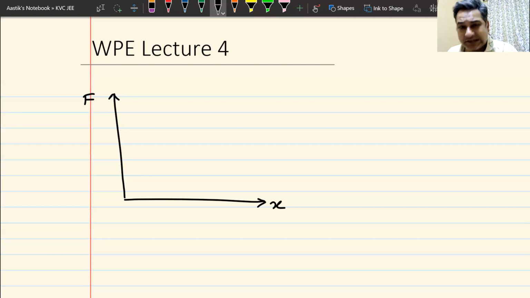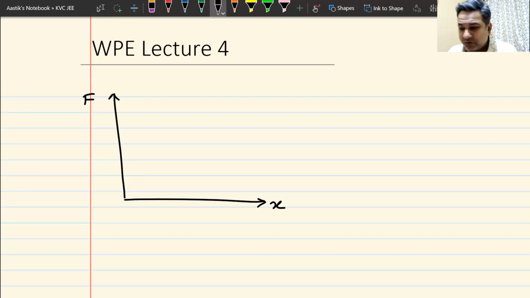This three-dimensional force can be constant, it can be variable. If you are given the force displacement graph for a three-dimensional force, the first question that arises is, how will I make the force displacement graph for a three-dimensional force?